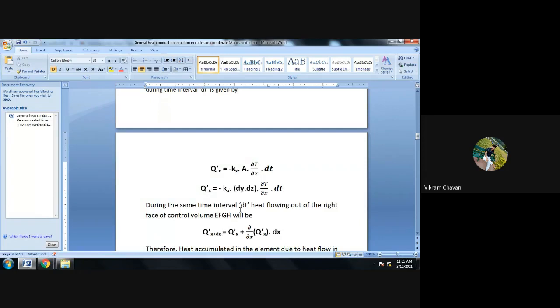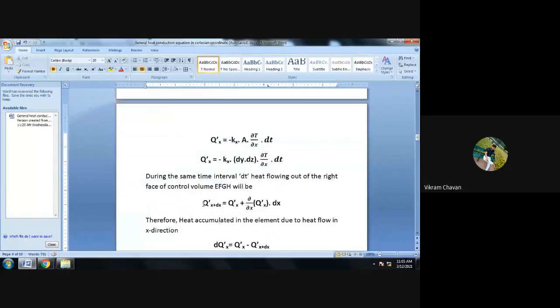So in the x direction, through the EFGH face, how much heat is transferred to another element or to the surroundings by conduction? That we have notified as q dash suffix x plus dx, which is equal to the initial heat plus the change in heat in that particular direction.